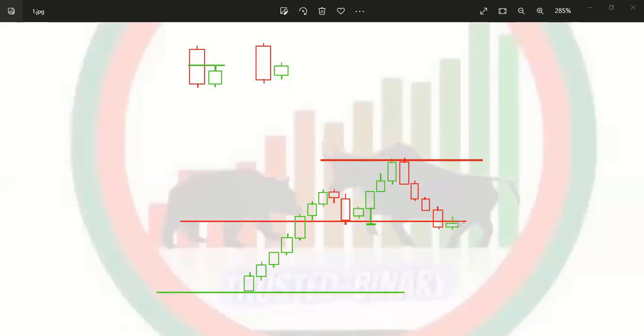So when market creates this situation, when market goes up a little, we can place our trade from a little above this level in the downward direction for 1 minute. So it will give us a winning trade also, because this is the perfect setup of inside bar, and this is the perfect setup of bullish harami pattern.